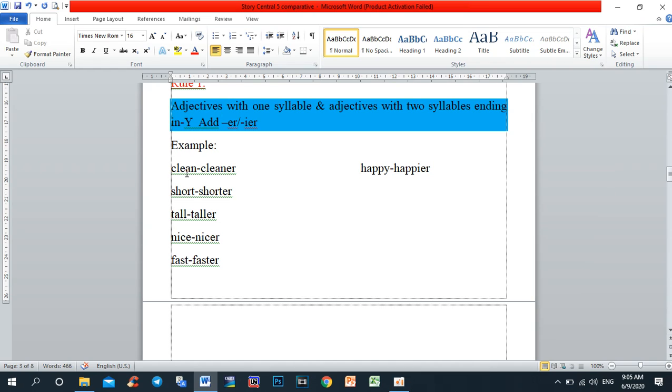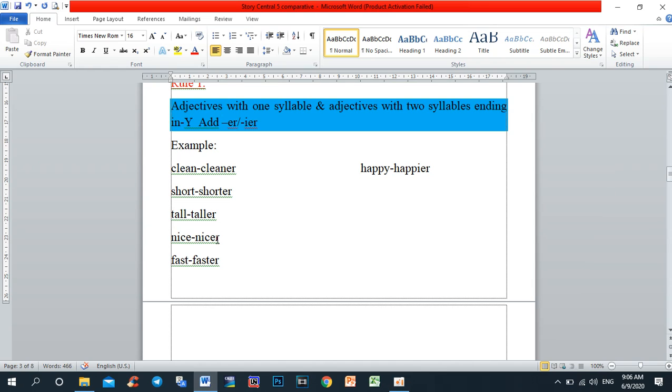Clean. We call it an adjective with one syllable. One syllable. Clean, and then you need to add er, it becomes cleaner. Short. Only one syllable. You add er, it becomes shorter. Short, shorter. Tall plus er becomes taller.